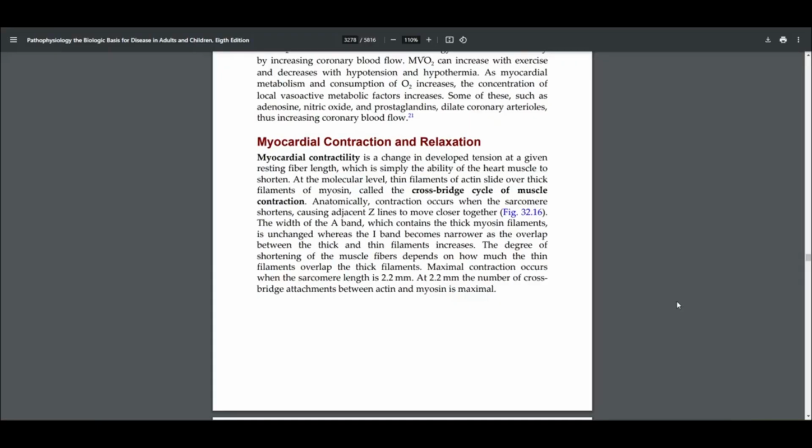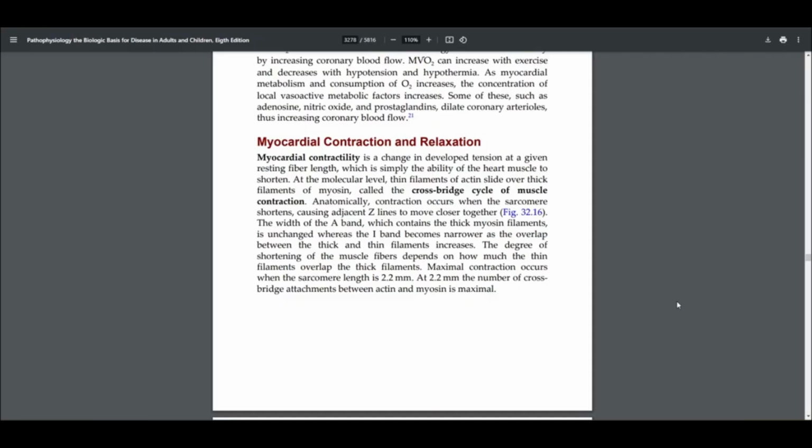Anatomically, contraction occurs when the sarcomere shortens, causing adjacent Z lines to move closer together. The width of the A band, which contains the thick myosin filaments, is unchanged, whereas the I band becomes narrower as the overlap between the thick and thin filaments increases.